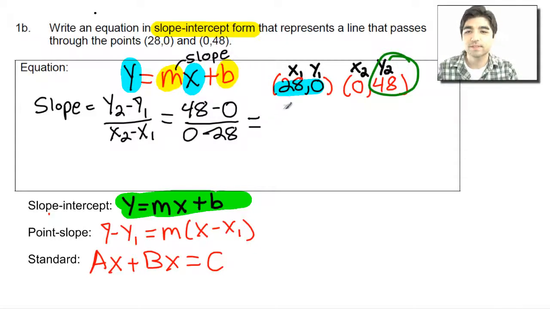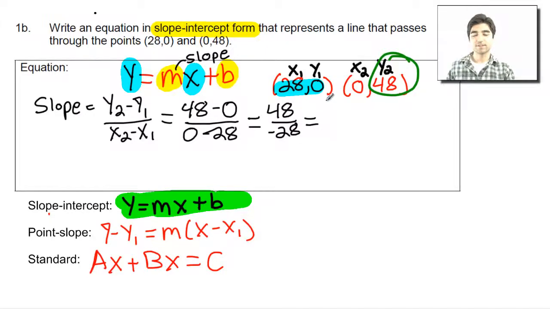That equals 48 minus 0, which is just 48, all over negative 28. Then we can reduce this down by 4, so we get negative 12 over 7. Don't forget your negative sign right there.